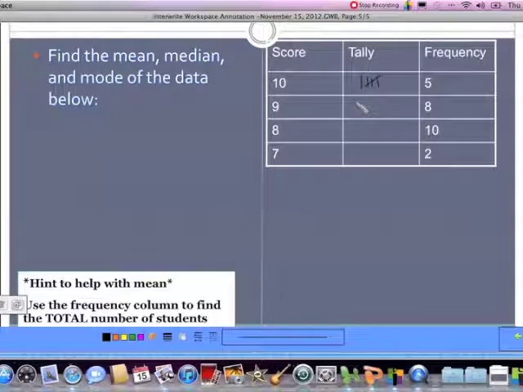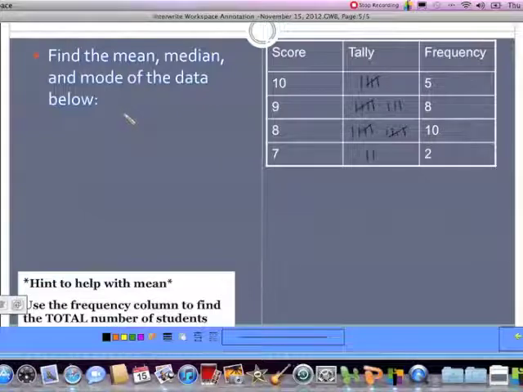It looks like 8 players scored 9 goals, 10 students scored 8 goals, and then 2 students scored 7 goals during the soccer season. So this would generally be how you see your frequency table.